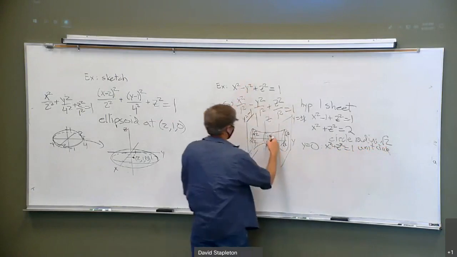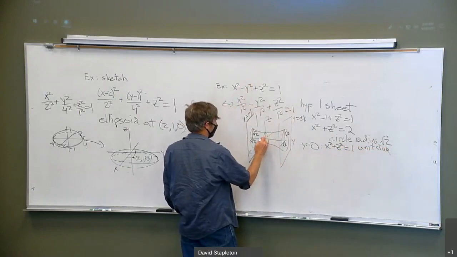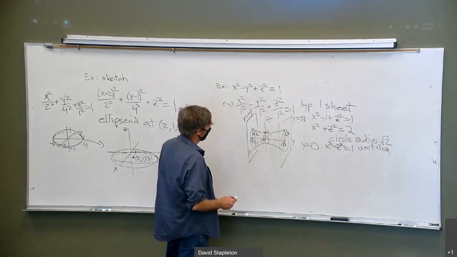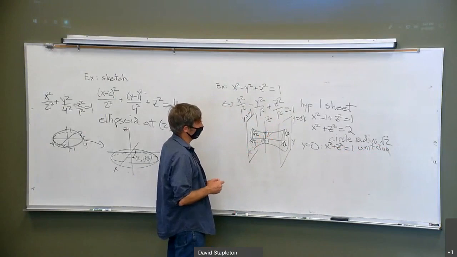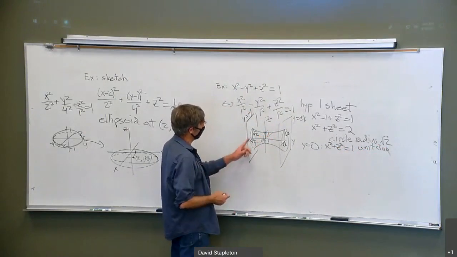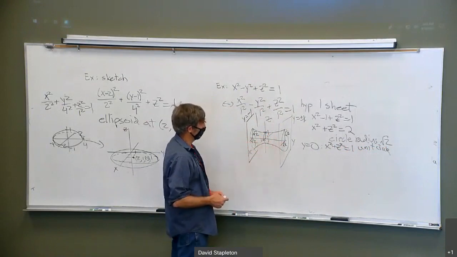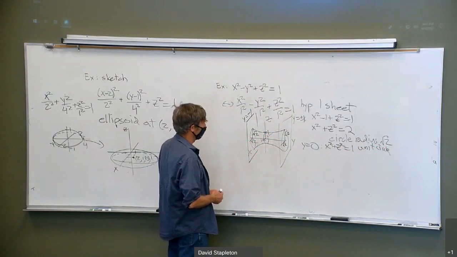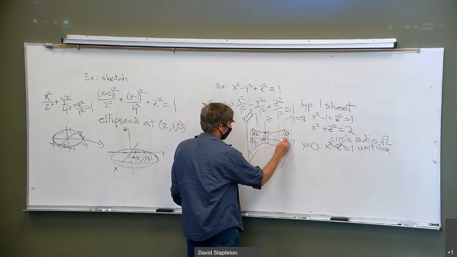So the waistline of this thing is the unit circle, coming out 1 unit on the x-axis, 1 unit on the z-axis. It's always nice to draw these things around the origin. People look for that to be accurate. And here's your unit circle at the origin, and circles of radius square root 2 at y equals plus or minus 1.